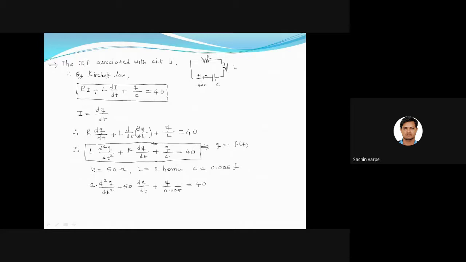If we divide throughout by 2, it will be d2q by dt square plus 25 dq by dt plus, if I divide, how much is it? 0.005 into 2. Sir, 100 q. 100 will come, yes.